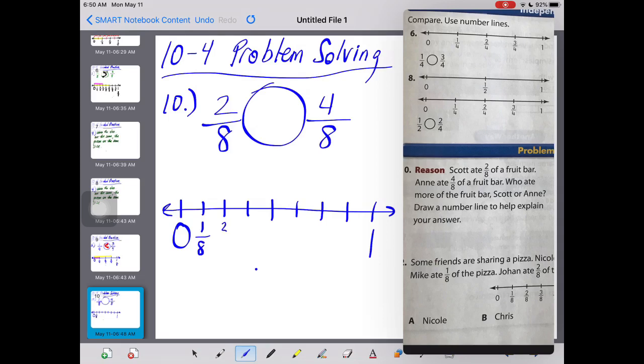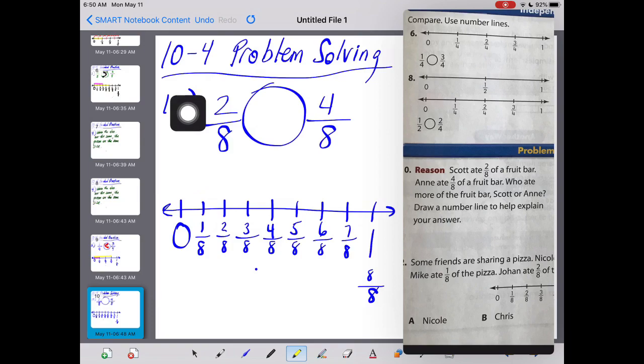So you want to make sure you label it 1/8, 2/8, 3/8, 4/8, 5/8, 6/8, 7/8, and then one whole would be 8/8. All right, so we have 2/8, two parts. So 1, 2, there's 2/8.